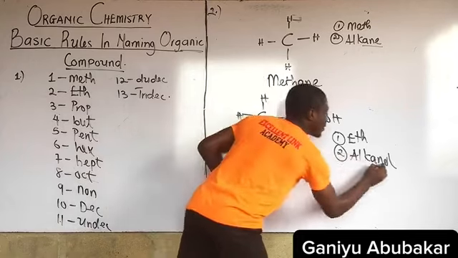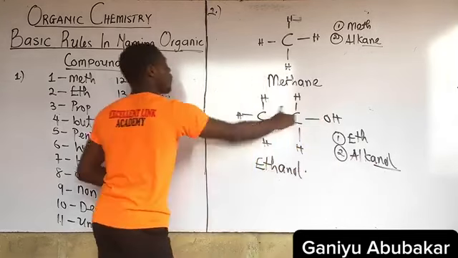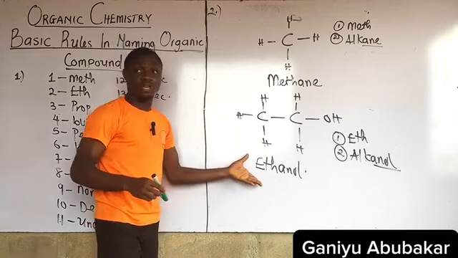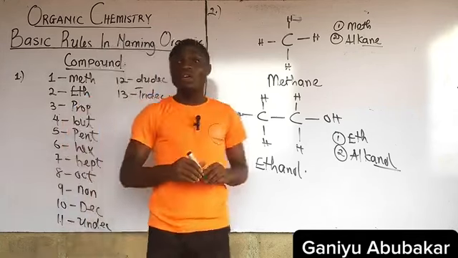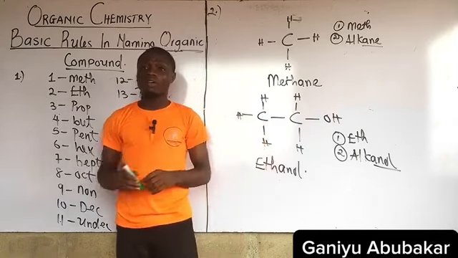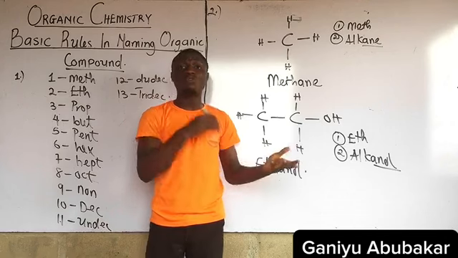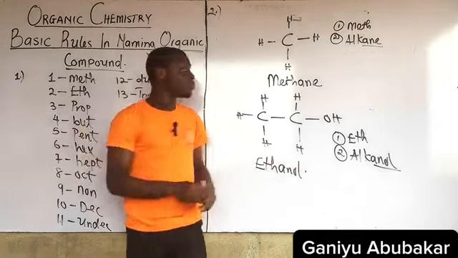Then I'll write the last part, anol. So this compound is called ethanol, as you can see. All right, let's consider the third rule in naming organic compounds, and we look at how to use rule 1, rule 2, and rule 3 to name several other compounds.